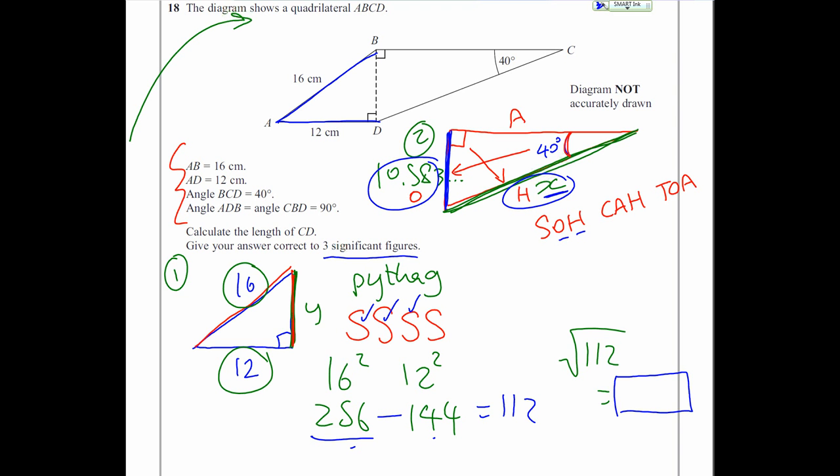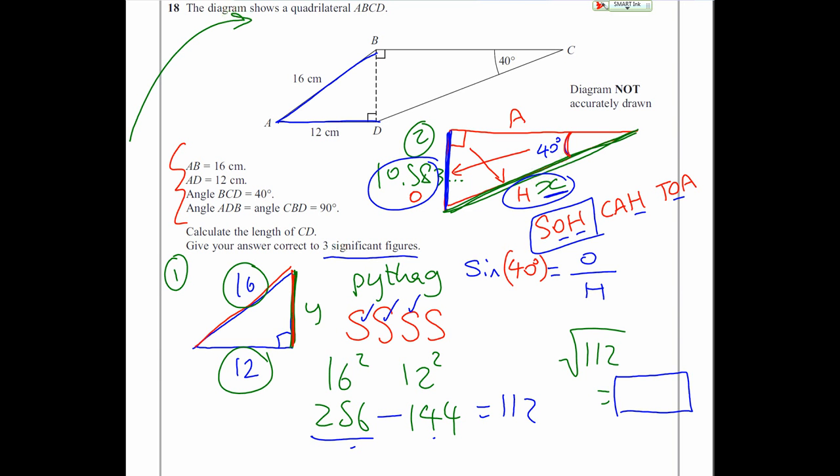Opposite, hypotenuse, what we're going to use is this SOH formula, which stands for sine of the angle equals opposite over hypotenuse. Running out of space a little bit. So our angle is 40 degrees. Okay.